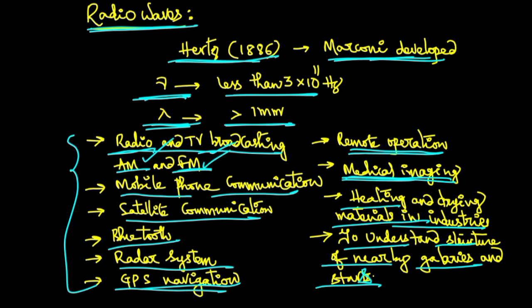And in various communications like mobile phone communication, satellite communication, Bluetooth, GPS navigation, radar systems, and remote operations also, radio waves are used. In MRI, MRI means magnetic resonance imaging, radio waves are also used. Heating and drying some materials in industries is done by radio waves. And to understand the structure of nearby galaxies and stars by astronomers.